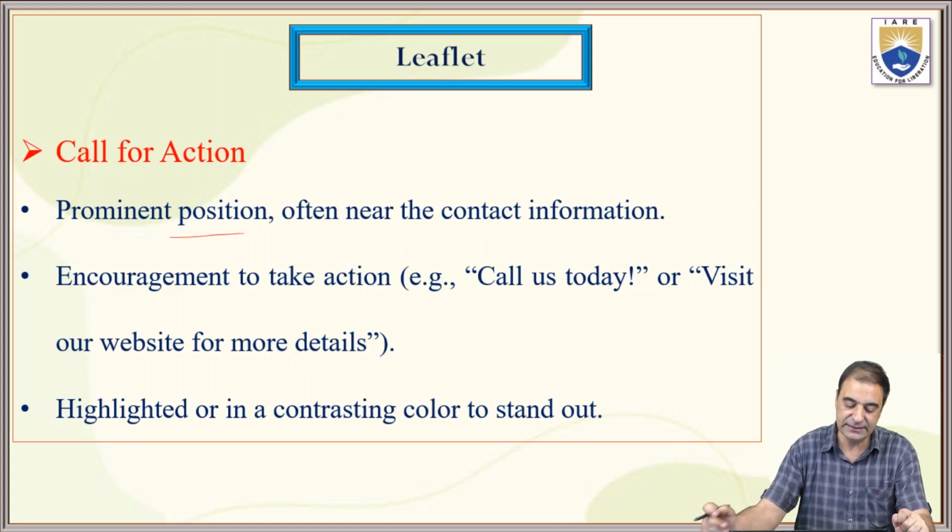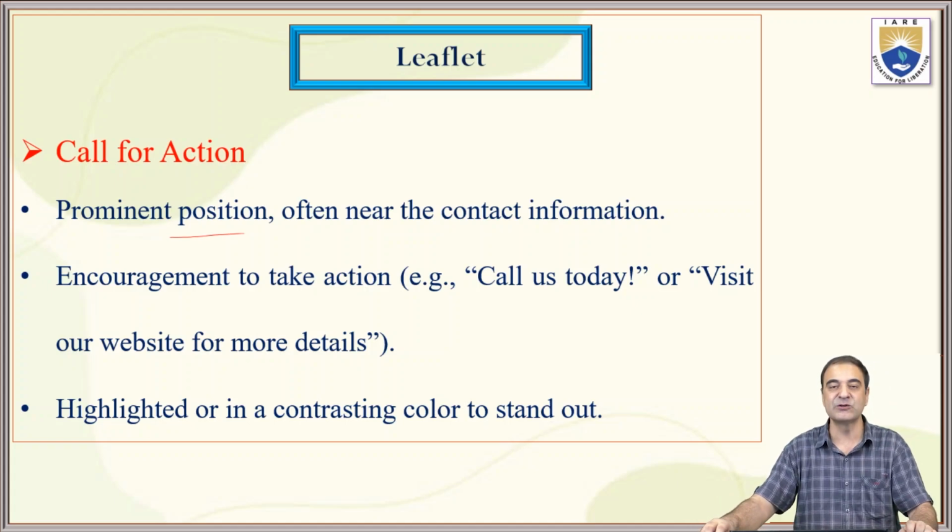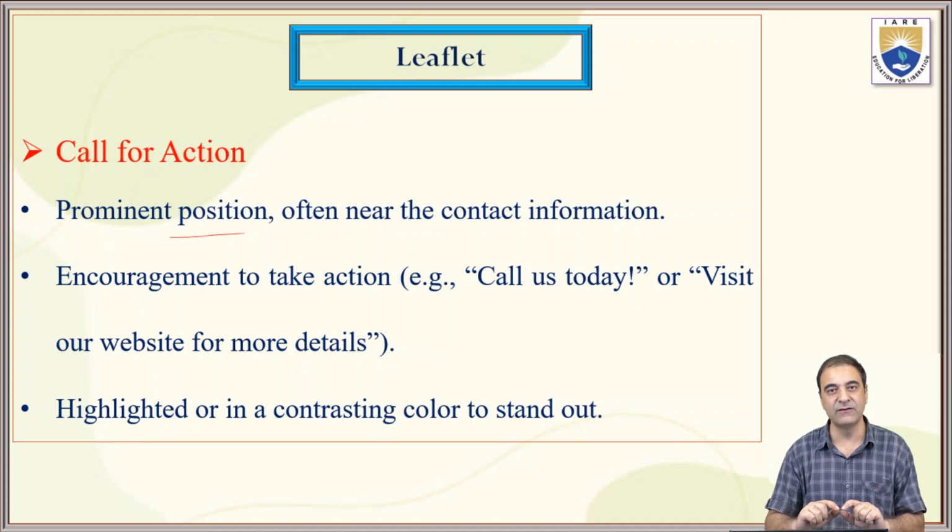And here, it is highlighted or in a contrasting color to stand out. We often write this call for action, for example, in different colors, or sometimes we highlight these things, or sometimes we put this information in a circle, or in rectangular boxes, so as to make it prominent, so as to make it more and more explicit.